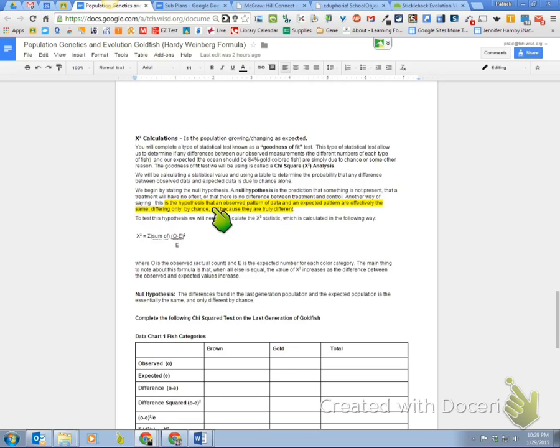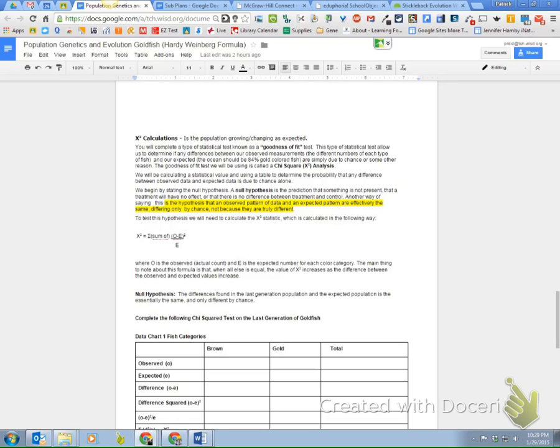Another way of saying that is the observed data pattern and the expected pattern are effectively the same, different only by chance, not because they're truly different. So with everything constant, we will see the same results, and any differences in those results are merely due to chance.